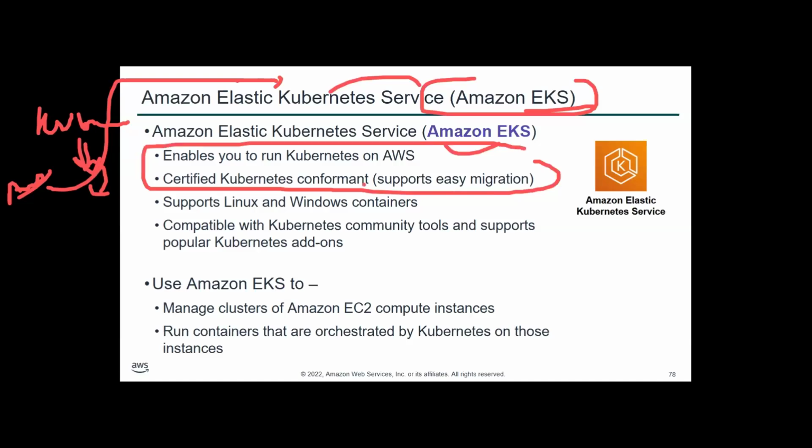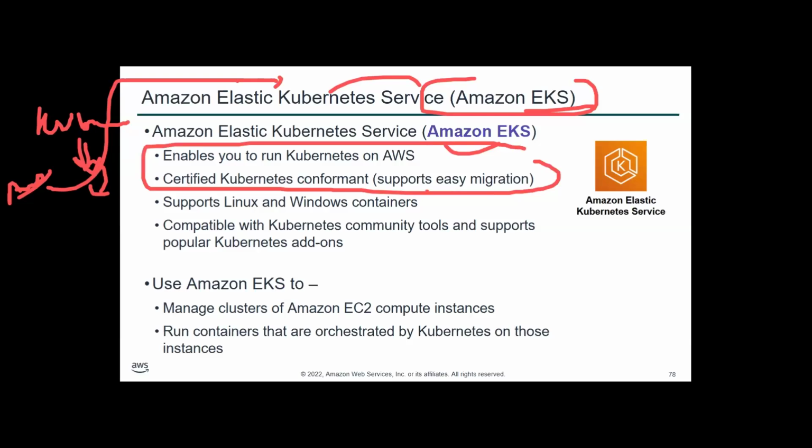So to make sure they also come to our platform, AWS provides another service called EKS, Elastic Kubernetes Service, which will support all the Kubernetes components. Why do they want to support it? Because it supports easy migration. They've already developed some applications in Kubernetes and now try to move smoothly. So they have created a service called Elastic Kubernetes Service.